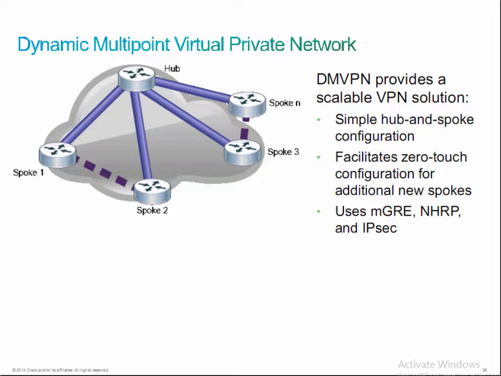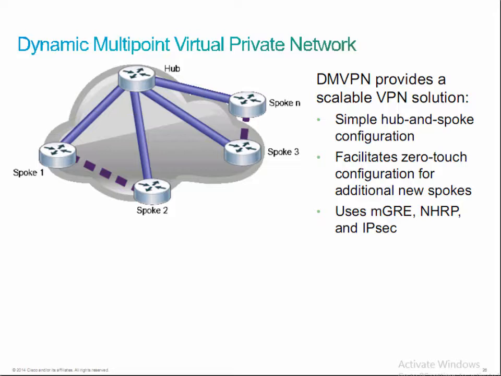DMVPN, Dynamic Multipoint Virtual Private Networking. It's a tunneling protocol. It's a form of VPN that originally was a Cisco IOS type function, but it's also supported on other types of routers and firewalls today.